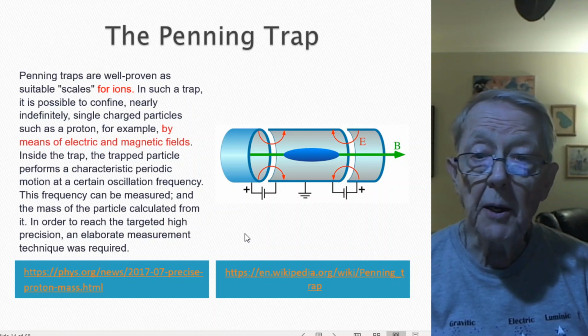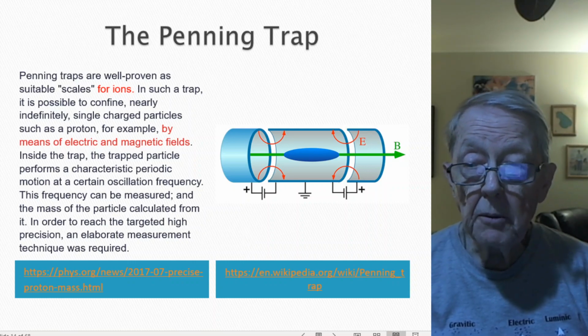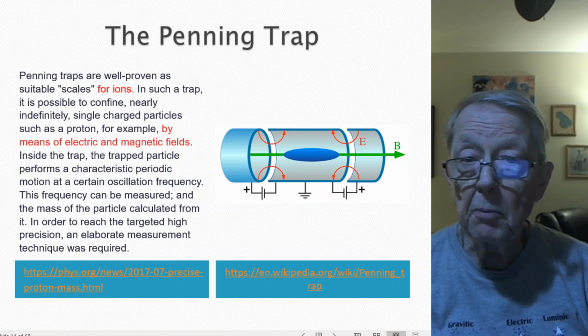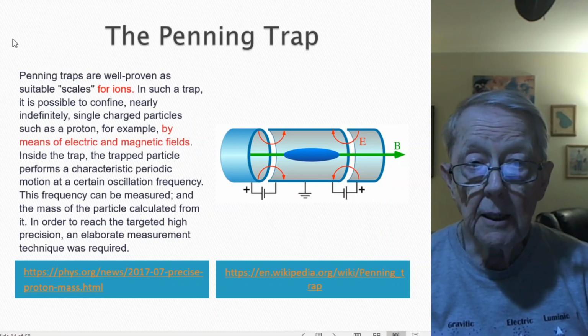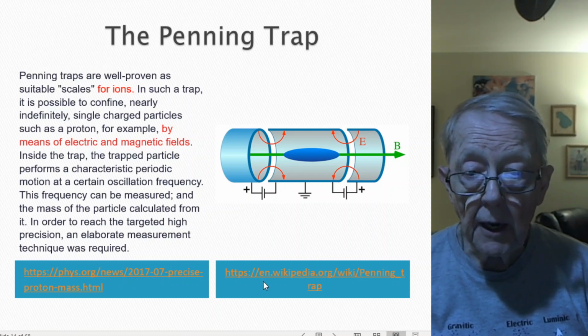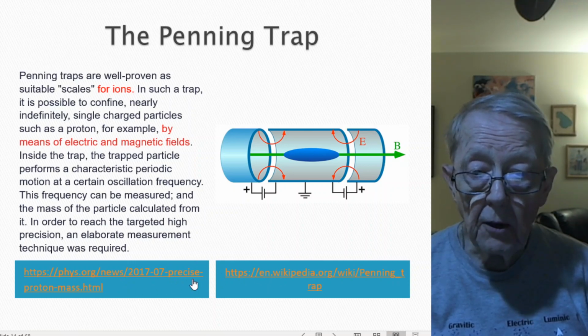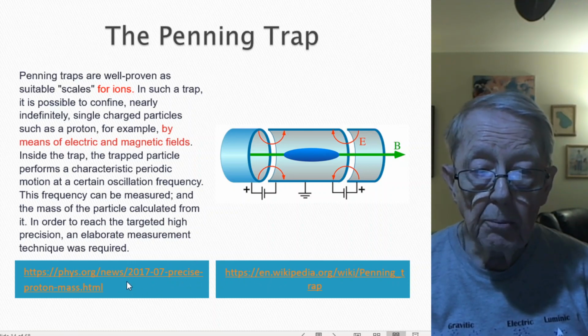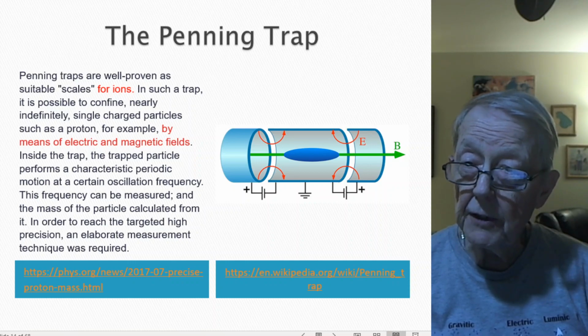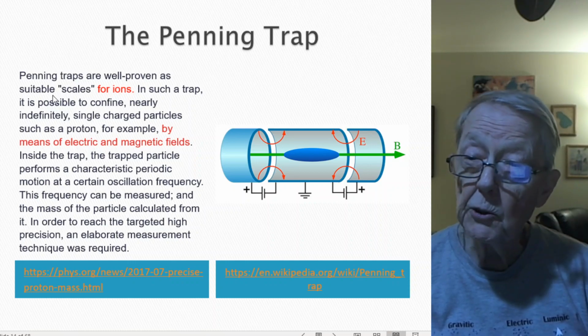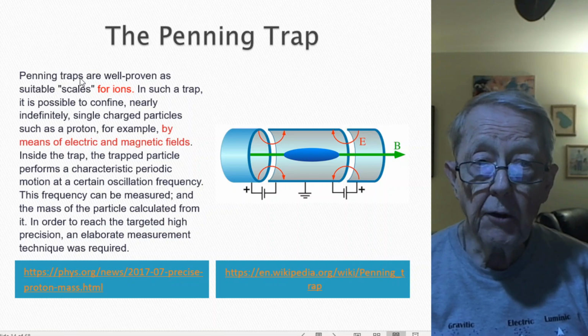Here's a whole new thing, man. Maybe one day I'm going to be able to take the time to explain the Penning trap. Let me read this. It's from this link. I apologize for the smallness of that, but I will put it in the description of this video when it's released. Let me just read this. Penning traps are well proven as suitable scales.